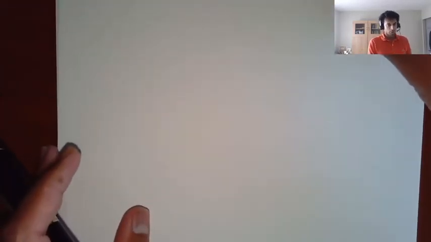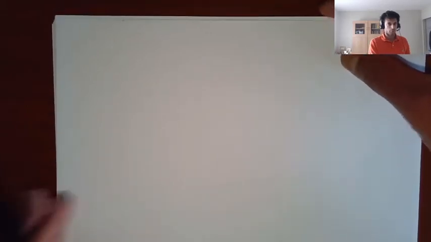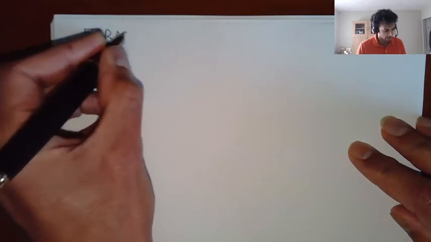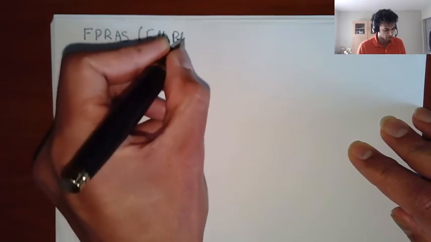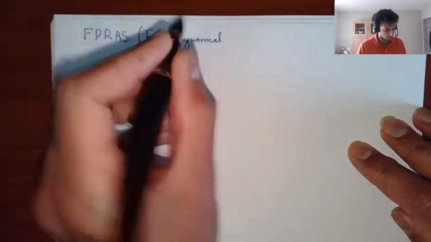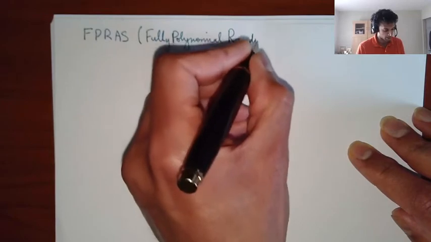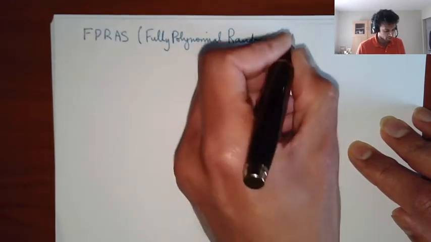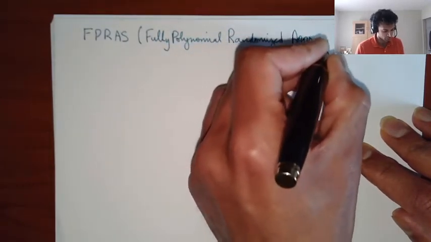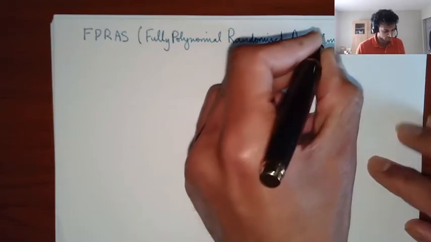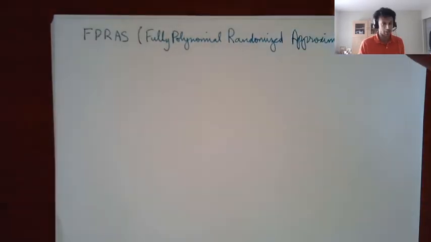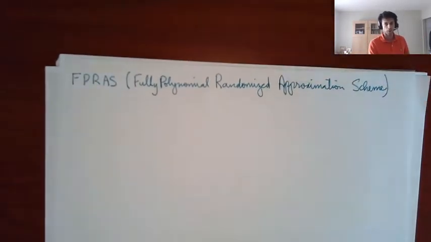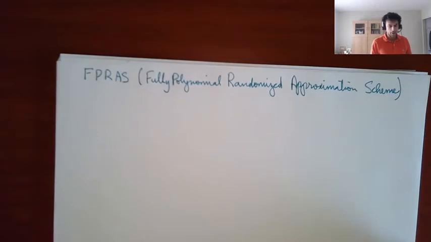An FPRAS is a fully polynomial randomized approximation scheme. Okay, a fully polynomial randomized approximation scheme.